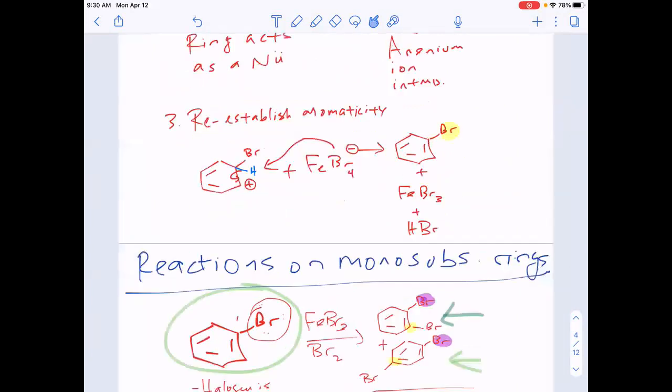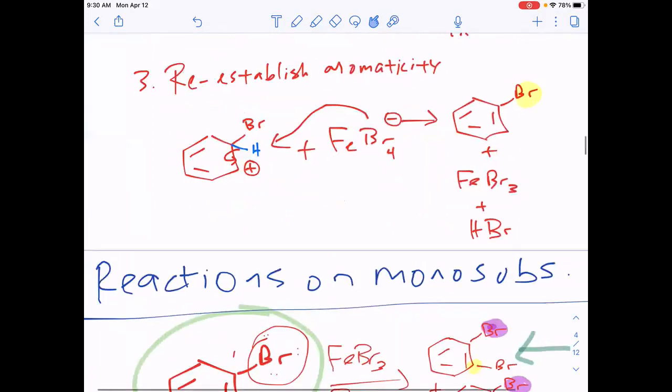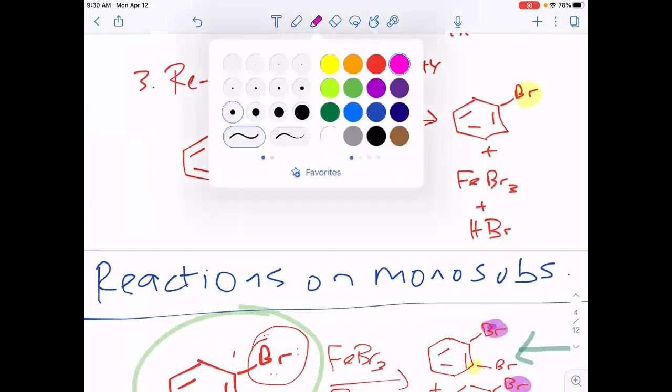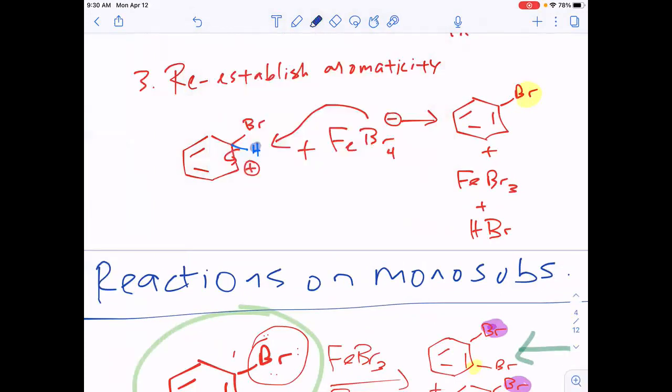The HCl will come from this part, where the hydrogen is going to get snapped off by the catalyst, or the catalyst after it's been brominated or chlorinated in the case of the Friedel-Crafts acylation. So that's where the HCl is coming from.